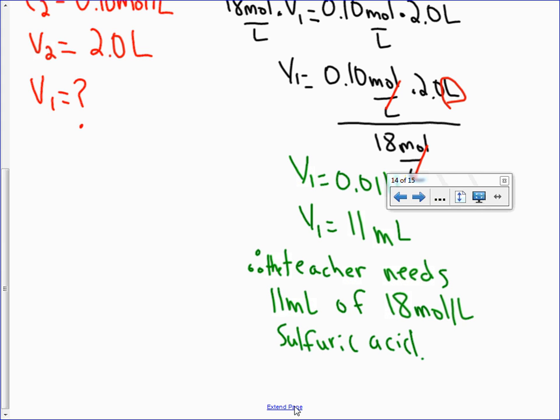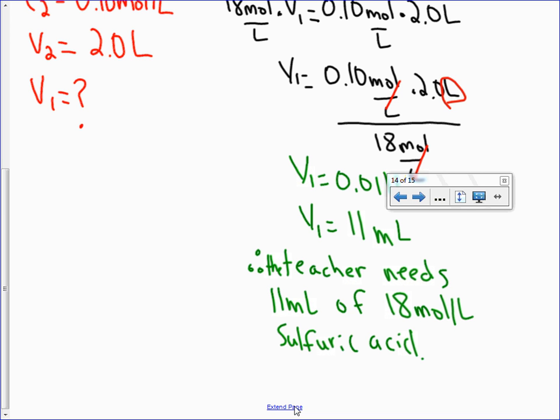So in order to make up that solution of 2 liters of 0.1 mole per liter sulfuric acid, the teacher has to take 11 milliliters of that concentrated solution and dilute that to 2 liters.